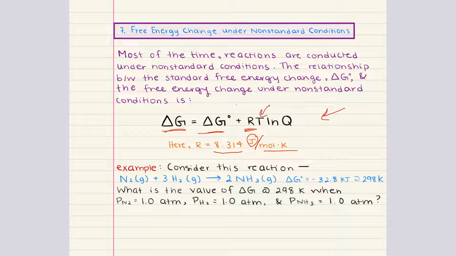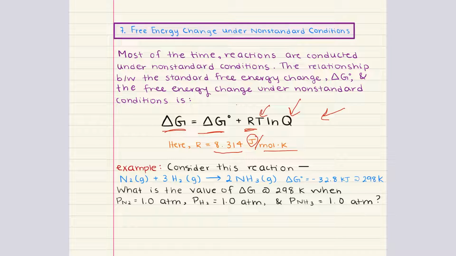T is temperature in Kelvin, and Q is the reaction quotient, which reflects the ratio of the concentrations or partial pressures of the products to the reactants at any given moment during the reaction.